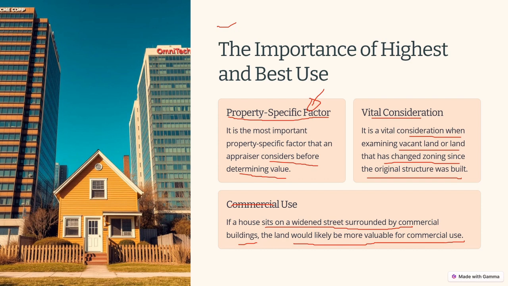For example, there is a residential building on a wide road, on the side of which on all other sides there are commercial buildings. So the highest use for this property will be commercial use, that will be more valuable if it is used for commercial use.